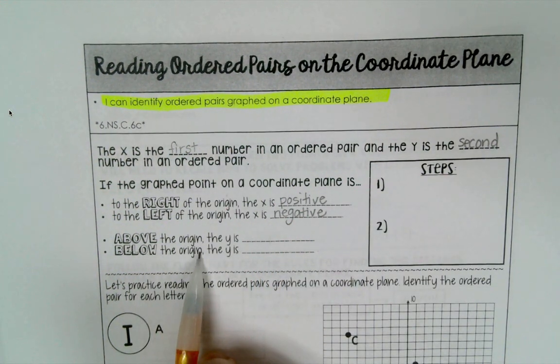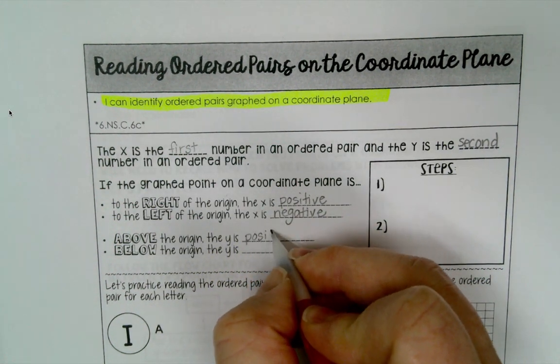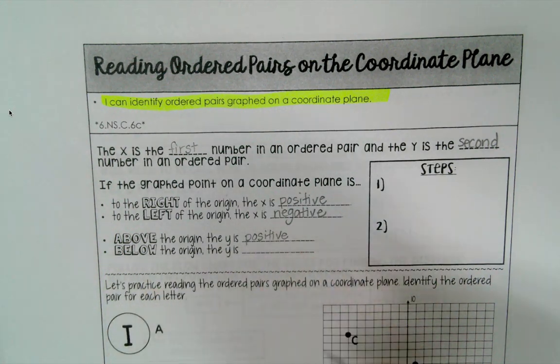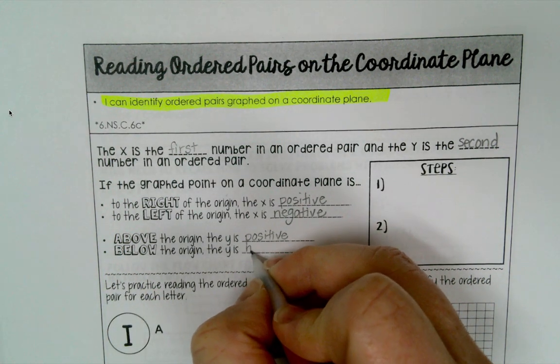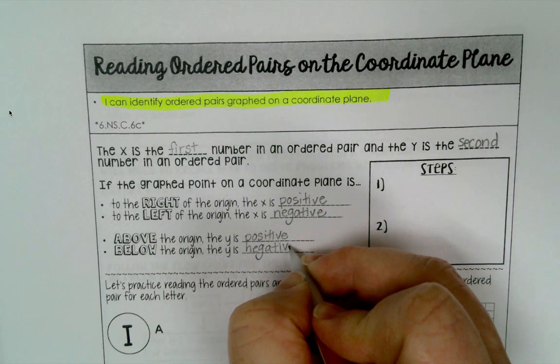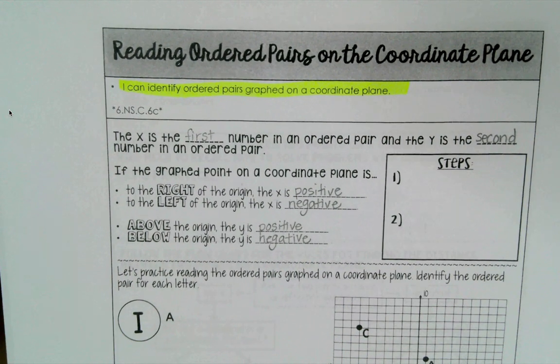Above the origin, the y is positive. Below the origin, the y is negative. Okay? So that's what we've got so far.